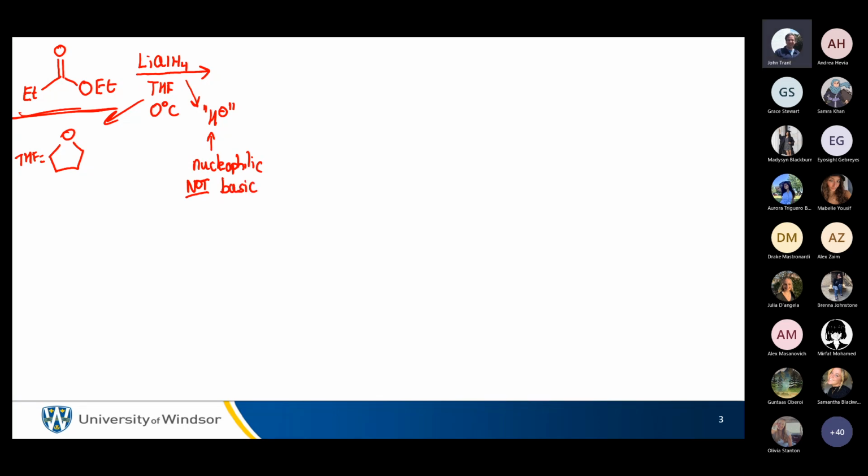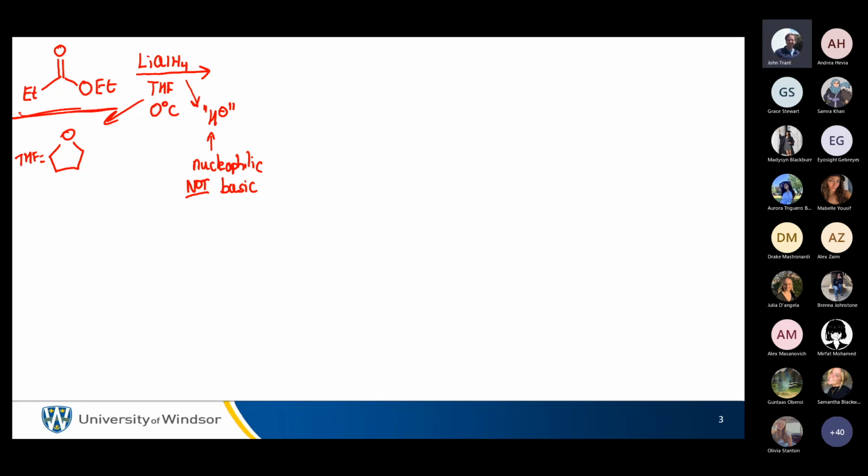We're going to get into more detail on why that is near the end of class, actually. But fundamentally, it comes down to the idea that it's not completely ionic. The H minus is mediated by being attached to the aluminum. So it's not like a naked H minus. It's attached to the aluminum. It's not completely free. That decreases its reactivity a bit. So it's less likely to act like a base, and it's more likely to act like a nucleophile. So it's a source of H minus.